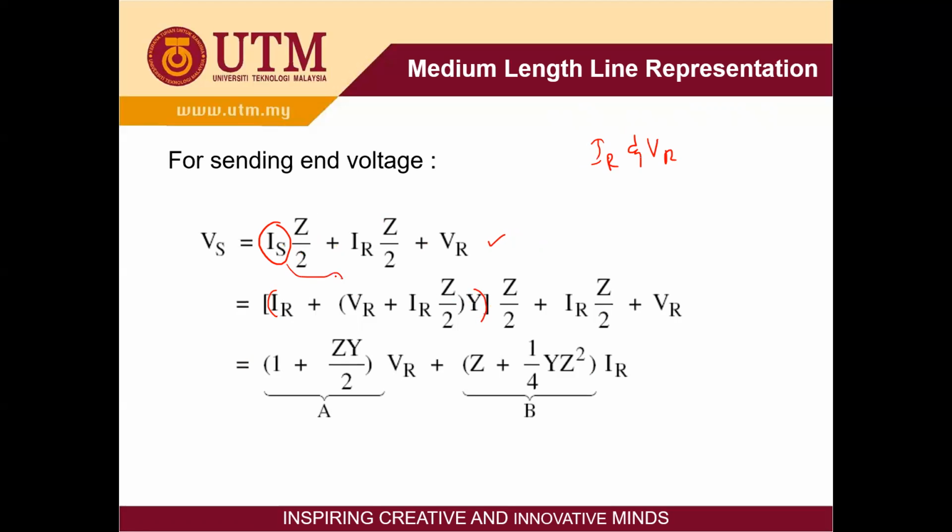Then we simplify, and finally we obtain the parameters A and B. Your A is 1 plus ZY over 2, while the B parameter is Z plus 1 over 4 Y Z squared. The second one is to obtain the Is relationship in terms of IR and VR.